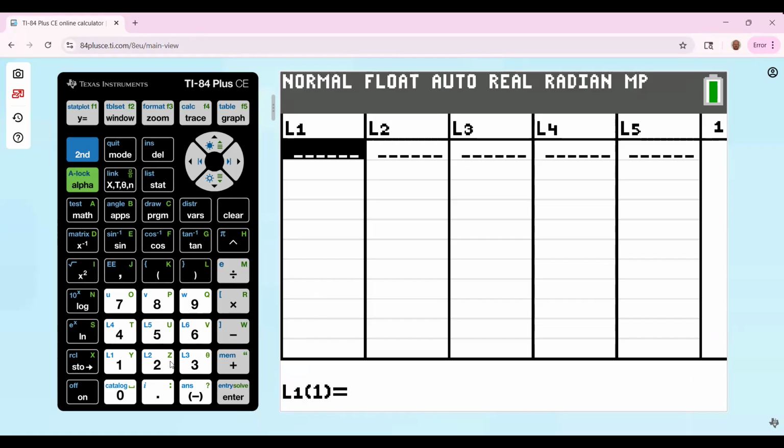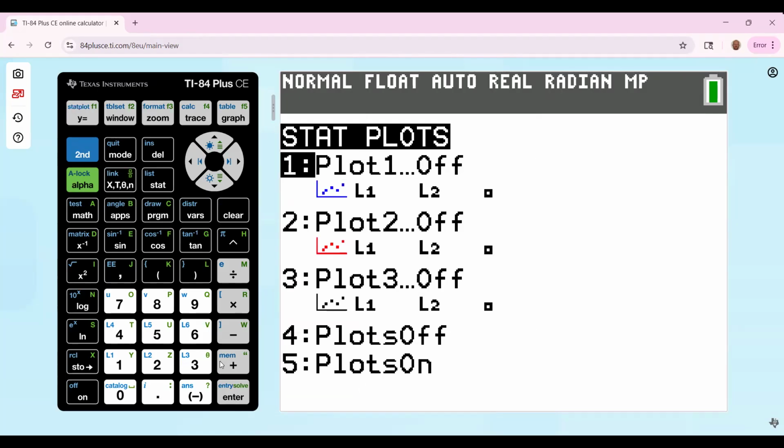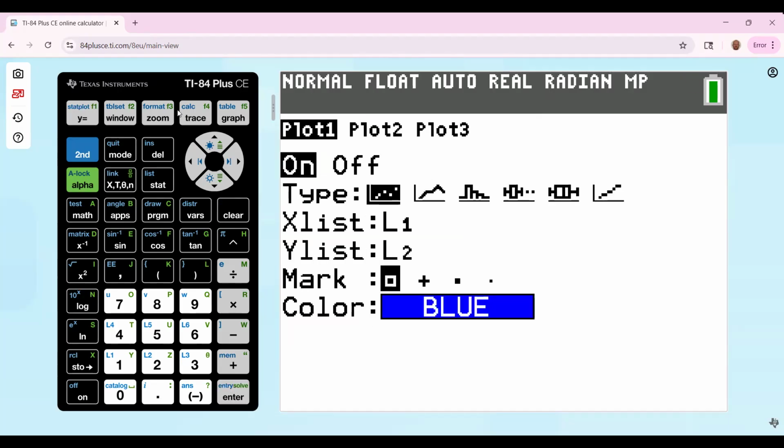Our x values were 2, 3, 4, and then we had 0.254, 0.333, and 0.403. Now let's turn on our stat plot so it actually plots those points.